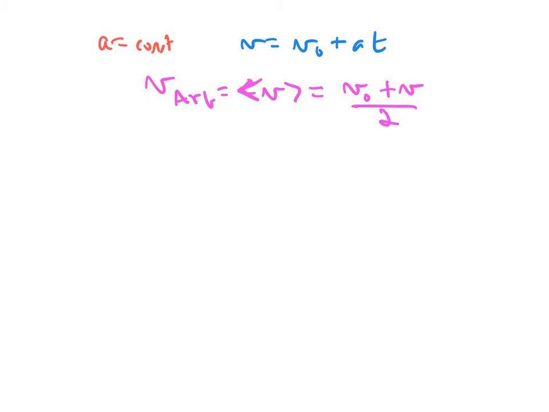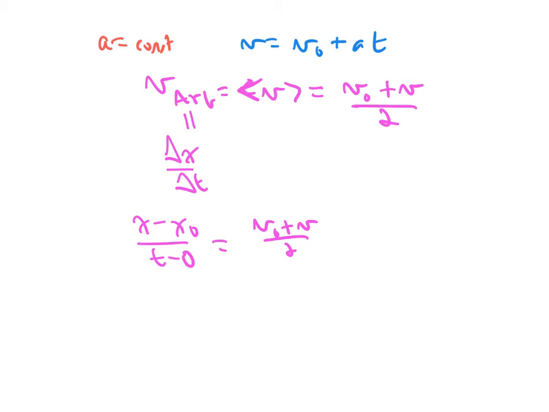In general, the average velocity, which is defined by how far something travels, is not equal to that mean of just the starting and ending values. But when the acceleration is constant, it is. And that allows us to go forward because the average velocity is defined as the change in position over the change in time. So putting these two things together, I can say that x minus x0 over t minus 0 is the same as v0 plus v over 2.